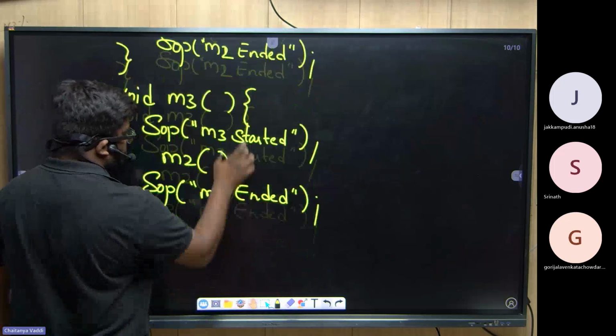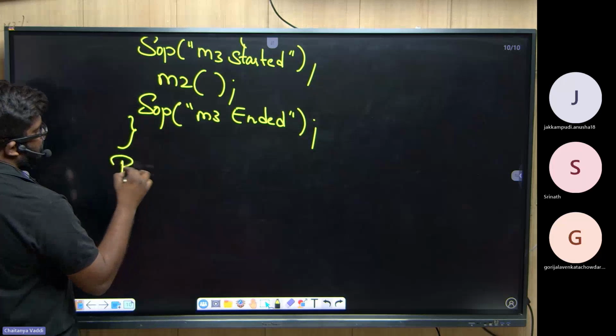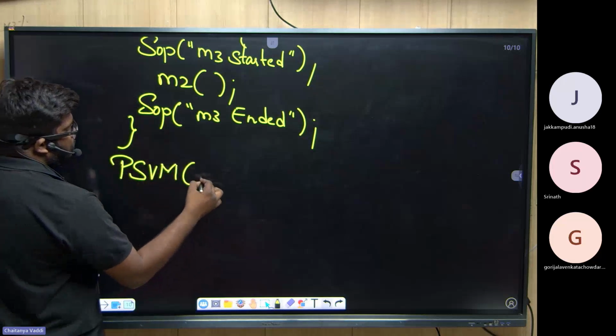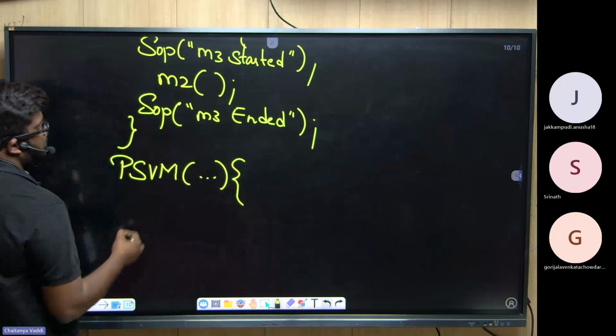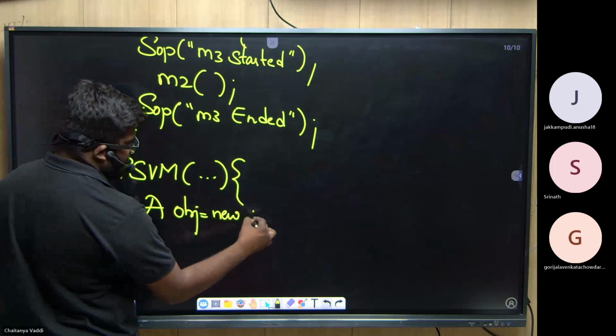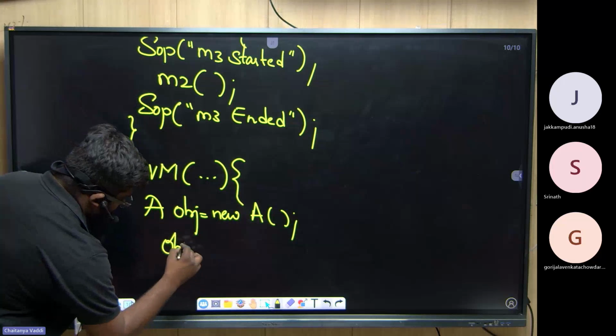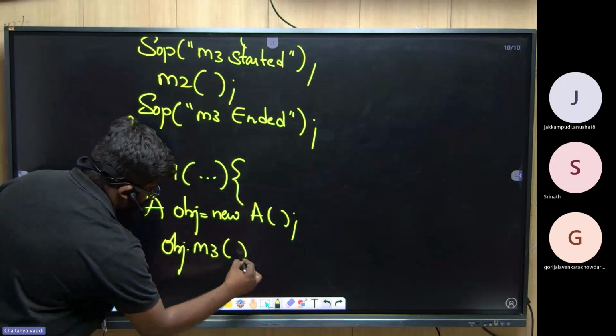Now from main method, we'll call this m3 method. public static void main of string of arguments. Let's create an object and then call obj dot m3.